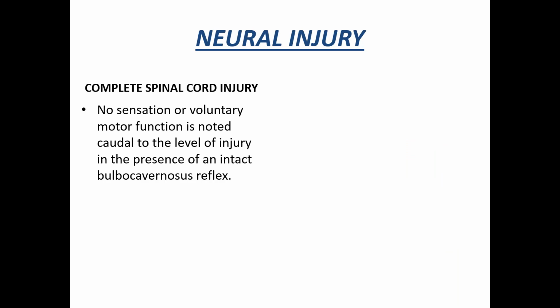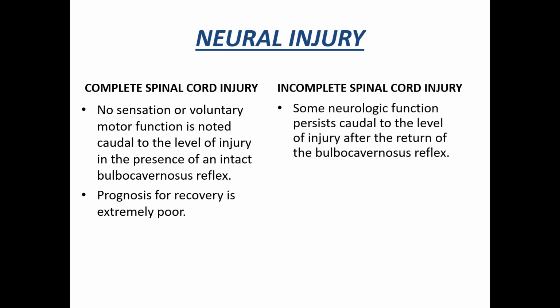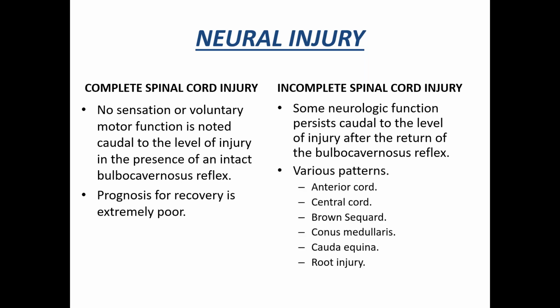Complete spinal cord injury: no sensation or voluntary motor function is noted caudal to the level of the injury, in the presence of an intact bulbocavernosus reflex. Prognosis for recovery is extremely poor. If it is an incomplete spinal cord injury, some neurological function will be preserved caudal to the level of the injury after the return of the bulbocavernosus reflex.